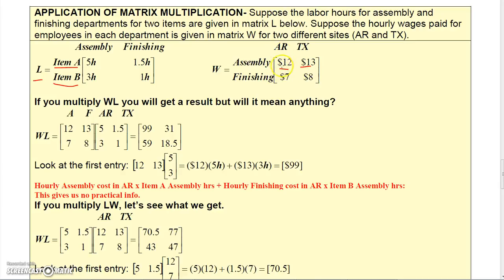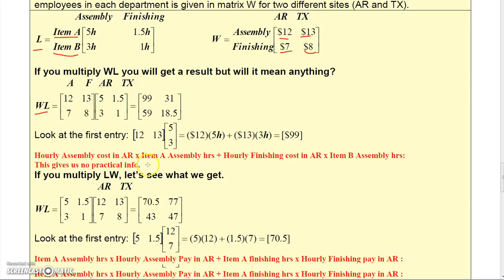The plant in Arkansas pays $12 per hour for assembly, but the one in Texas pays $13. And for the finishing department, Arkansas pays $7 an hour and Texas pays $8. If you multiply W times L, you'll get some numbers, but they don't really mean anything.